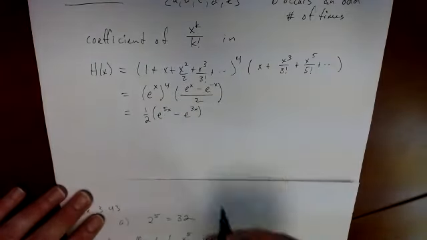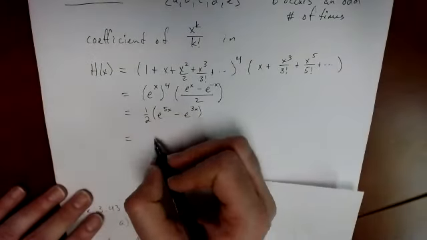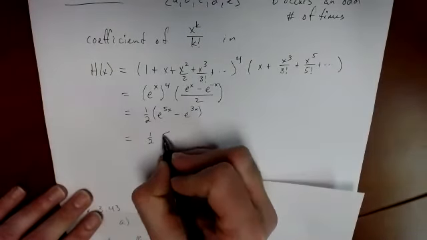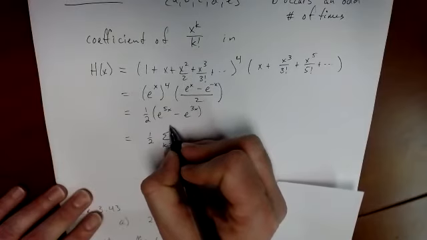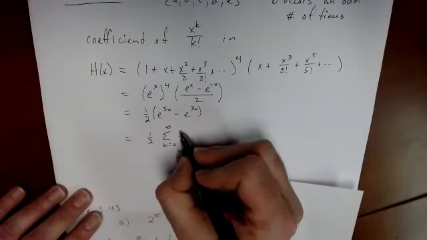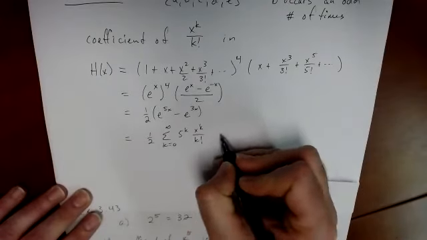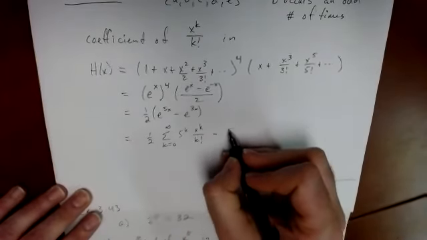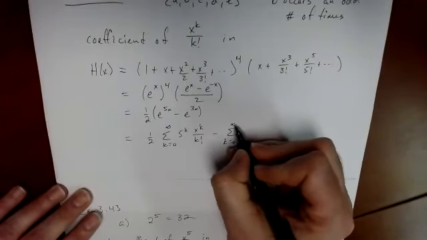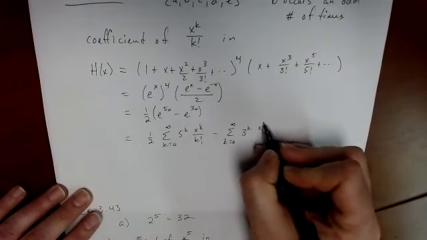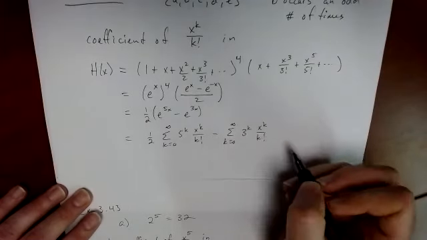And so now we can write this out as 1/2 times the sum as k goes from 0 to infinity of 5 to the k, x to the k over k factorial, minus the sum as k goes from 0 to infinity of 3 to the k, x to the k over k factorial.